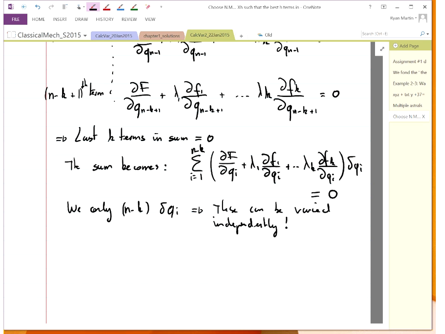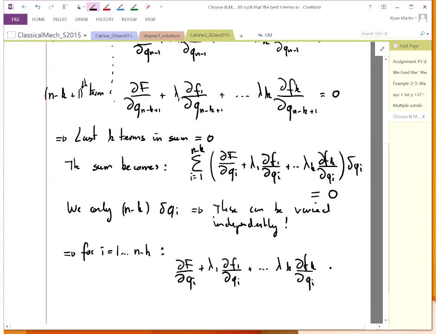So if the δqi's can be varied independently, that means that each term in parentheses must be identically zero, because it must be zero regardless of the choice of δqi. So since every term in the sum must be zero, then we get, for i going from 1 to n minus k, so only for the terms in this sum, ∂F/∂qi + λ1 ∂f1/∂qi all the way to λk ∂fk/∂qi equal to 0.